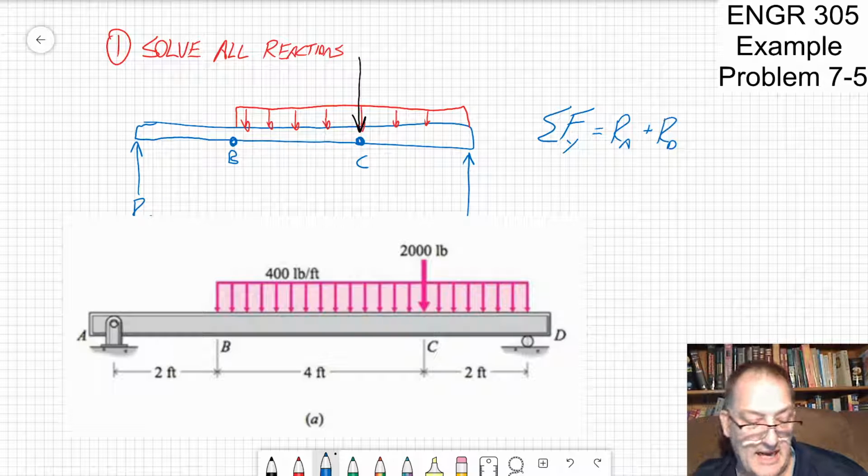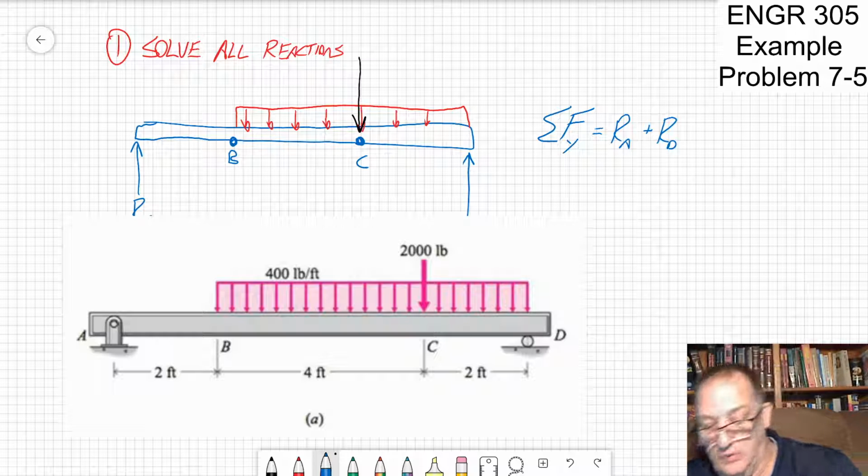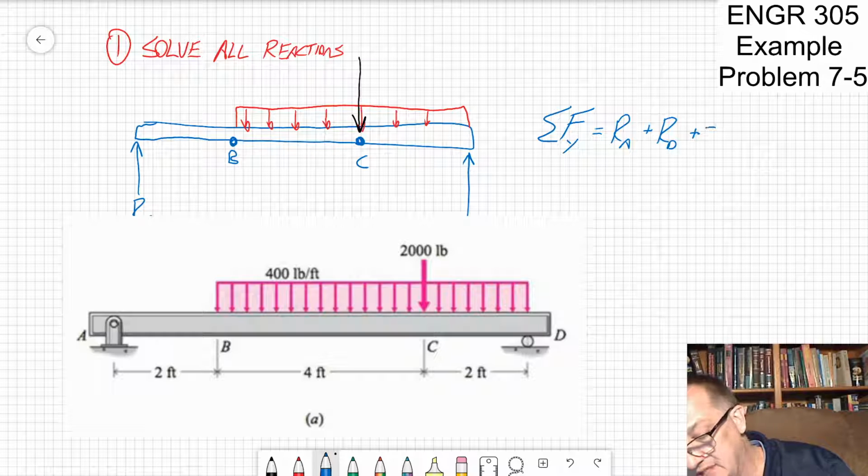And then I've got this distributed load, which is 400 pounds per foot, and that's 6 feet long. So that's going to be plus, and it's a negative 400 pounds per foot, and that's times 6 feet.